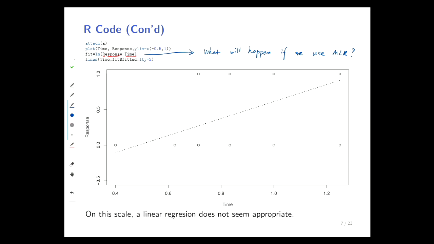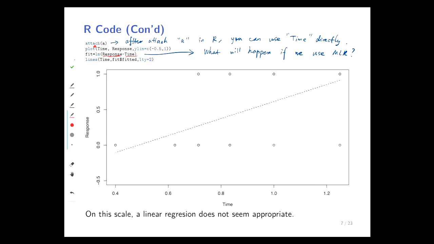But I think there is something new in the code here. We use this attach(A). Attach(A) just means that after you use attach(A) in R, you can directly use the variable name, so you can use time directly.